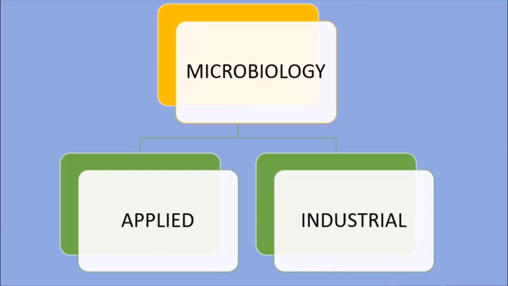Whereas industrial microbiology is a science related to the commercial use of microbes, in which various economic, social and environmental processes are conducted, and we also make different types of products using these microbes. So these are the two types of microbiology.